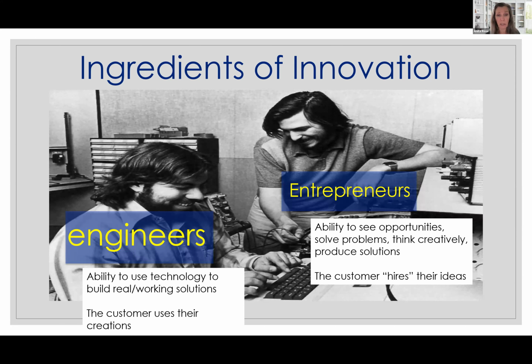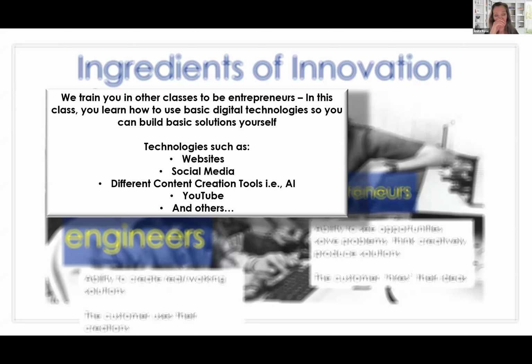Wozniak was the engineer. He was the brains behind putting it all together, where Jobs was creative and he saw the job to be done and he was hired to do that job, where Wozniak put it together and made sure that the job got done. So they made a very good team.